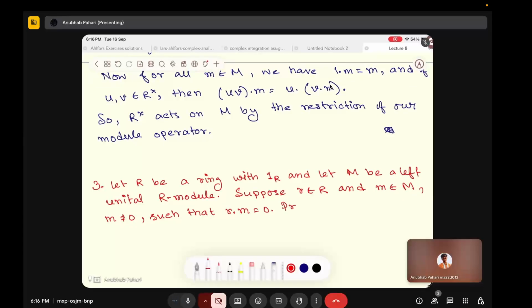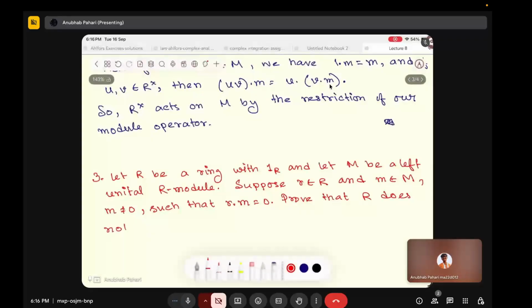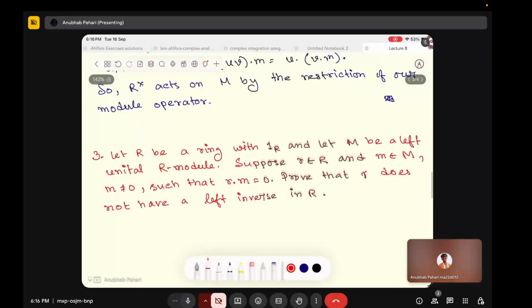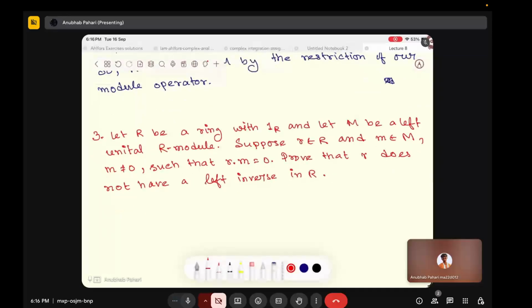Prove that small r does not have a left inverse in capital R. Solution.